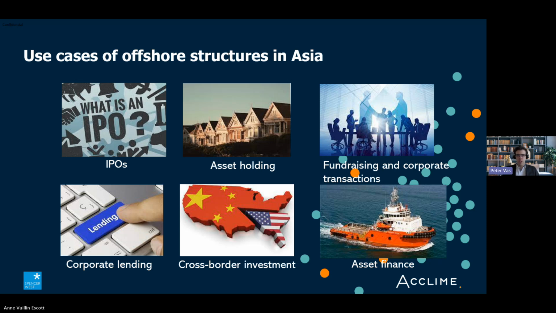Now, I think in terms of cross-border investments, perhaps the best example of the important role that offshore companies play in Asia is the so-called variable interest structures, or VIEs, which effectively facilitates inbound Chinese investments by overseas investors into restricted sectors.